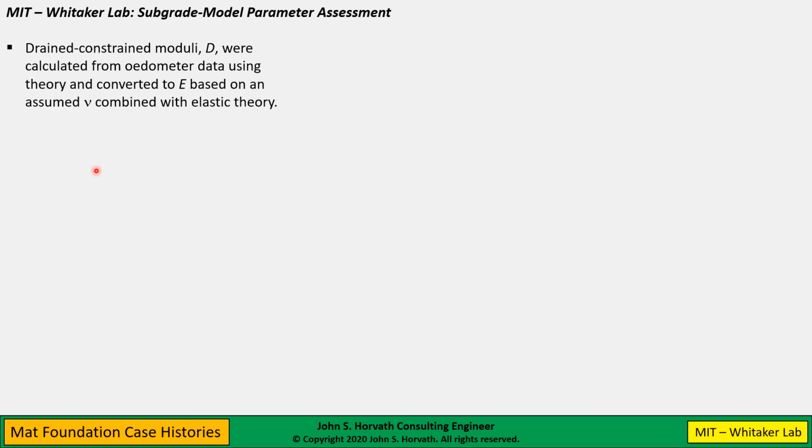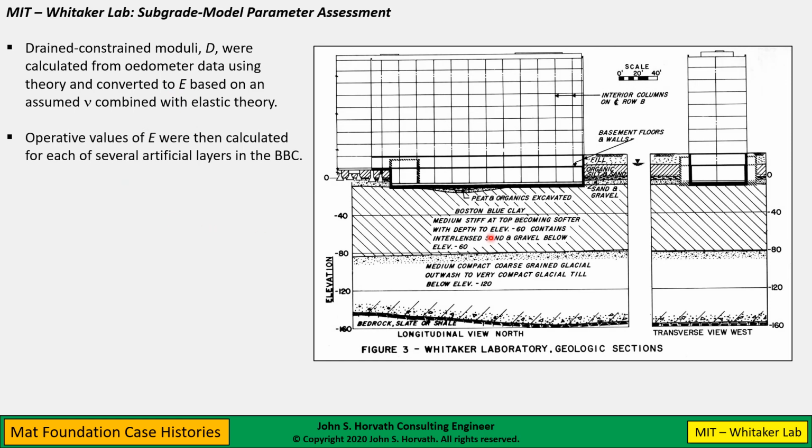So using this, I estimated drain-constrained moduli, then converted them with elastic theory to elastic moduli. I then divided up the Boston blue clay into layers 5 feet thick, 1.5 meters thick, and calculated operative values of Young's modulus for each of these artificial layers. So this is how I developed my artificial layer scheme that I showed you previously.